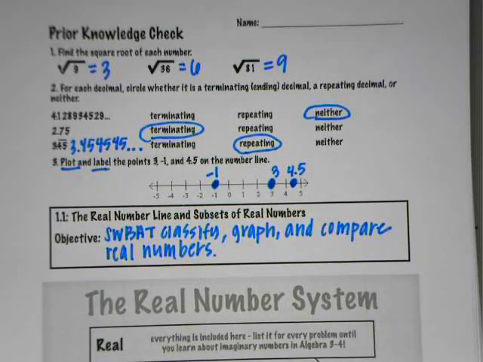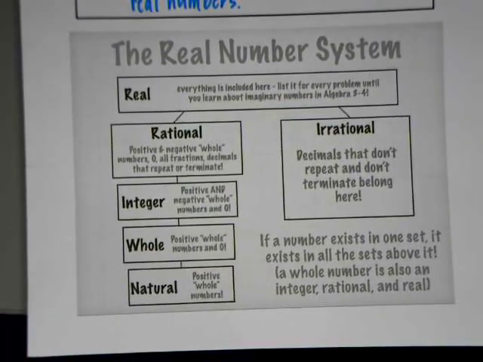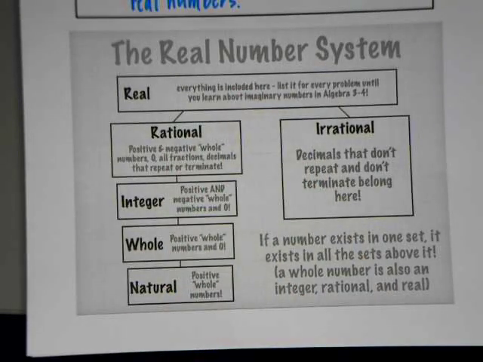All right. So first up, we're going to classify, which means we're going to put things into categories. Okay. So we have this whole giant thing. It's the real number system. And this is how we group different numbers together. So think about this as kind of like these are all clubs that you can belong to, okay?